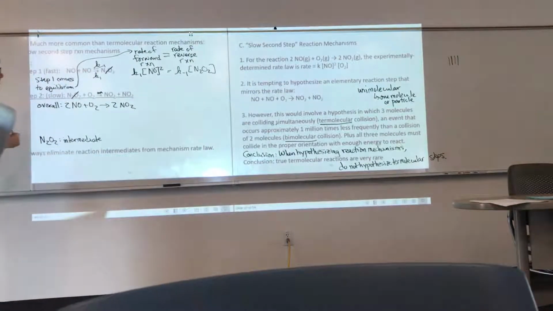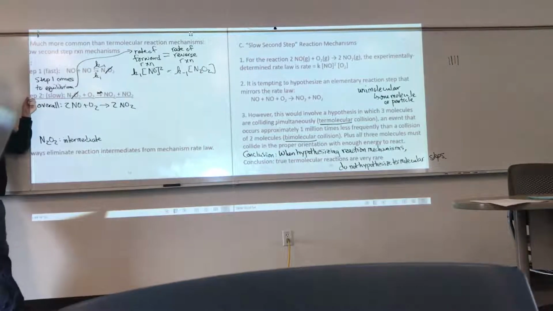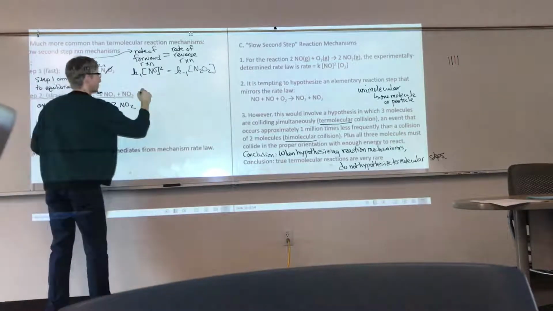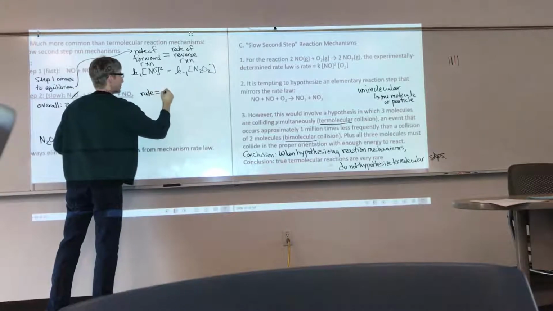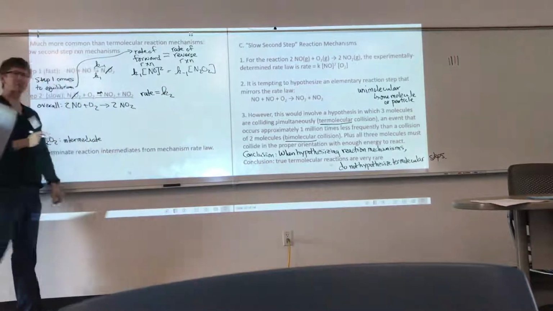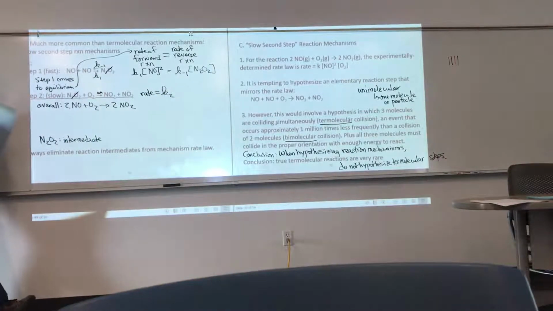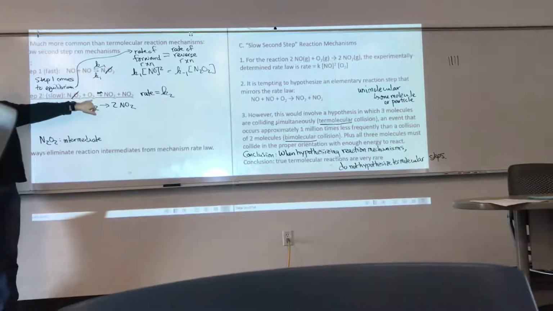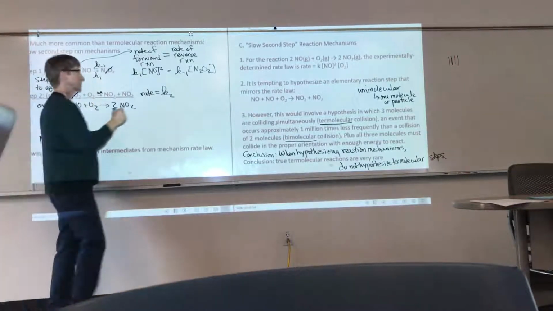That is our overall reaction for this process so far. So now, step 2 is going to be the rate determining step because that's the step for which the reaction is slow. For step 2, we can write a rate law from that step as well. Rate equals k2 times the concentration of our intermediate times the concentration of oxygen.